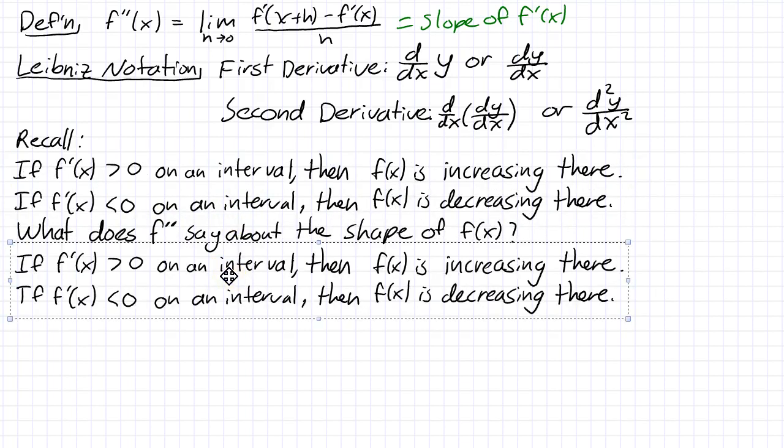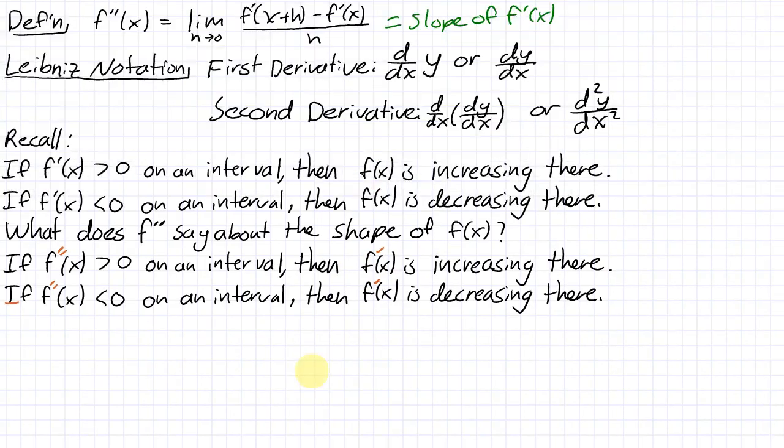So saying exactly the same thing, but talking about the second derivative: if f double prime of x, which is the derivative of f prime of x, is greater than 0, then that's a derivative of f prime, so that means that f prime is increasing there.